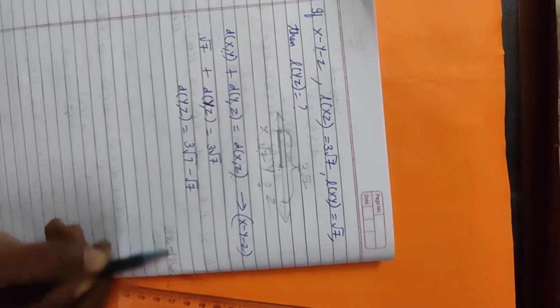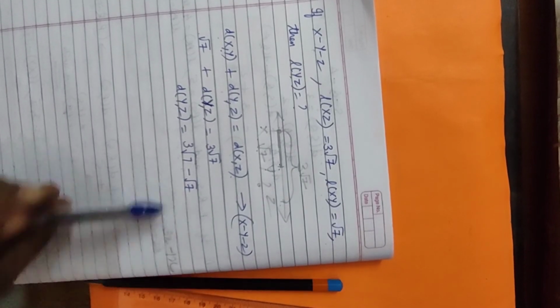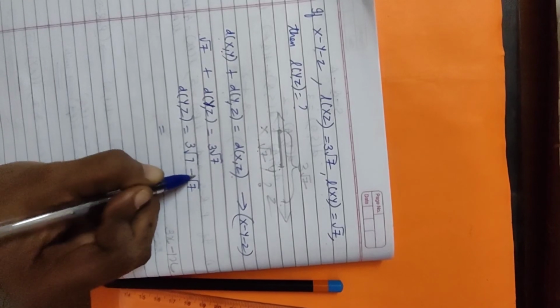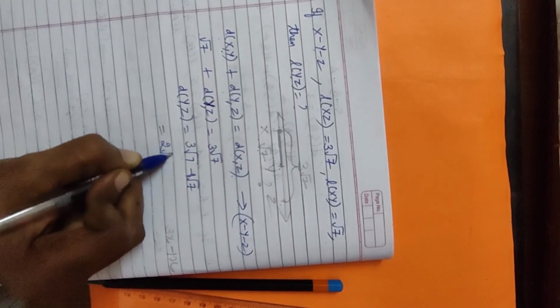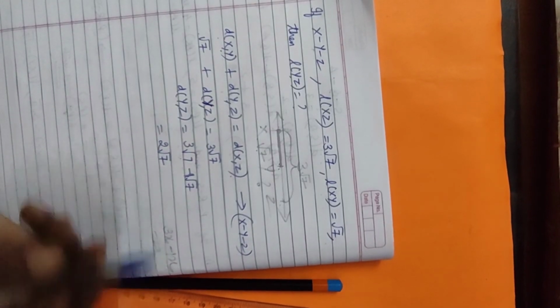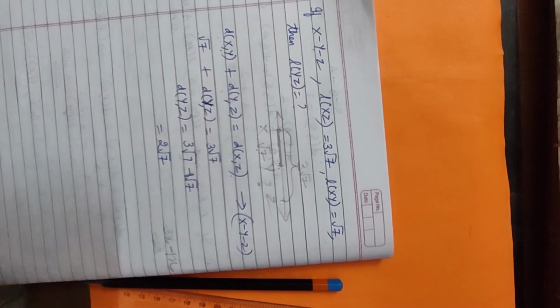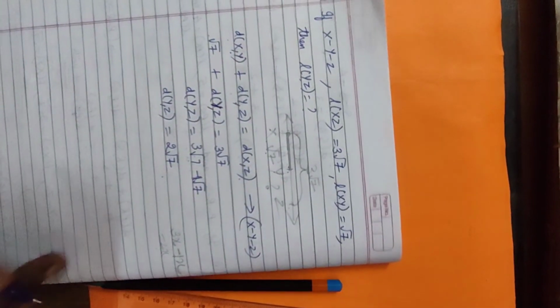So that means 2x. Similarly, in the place of x we consider root 7. So we write 3 minus 1, which is 2, and root 7 directly. This is a rule: like x, we are considering a variable here. So what is the distance of YZ? We got 2 root 7.